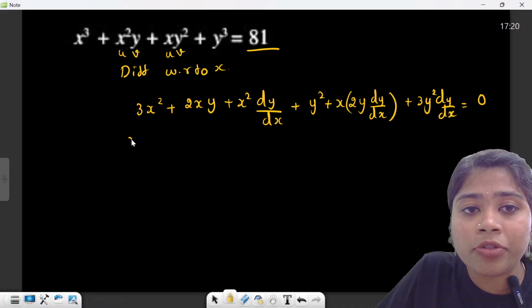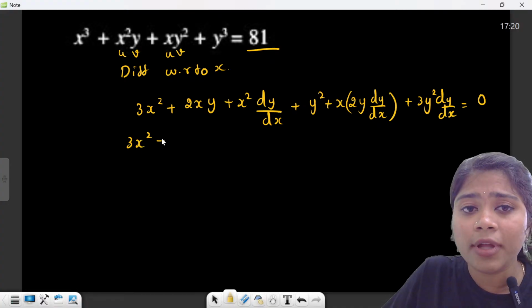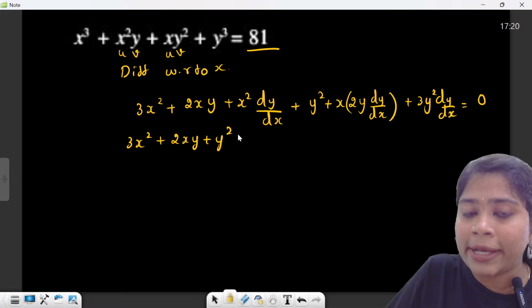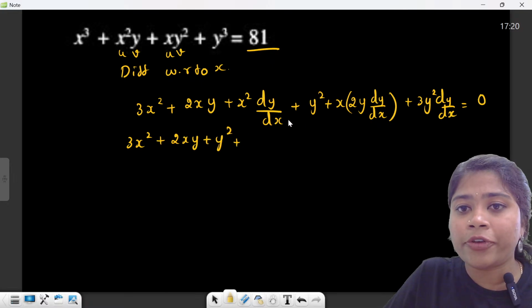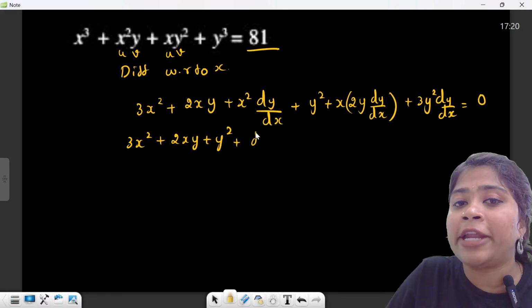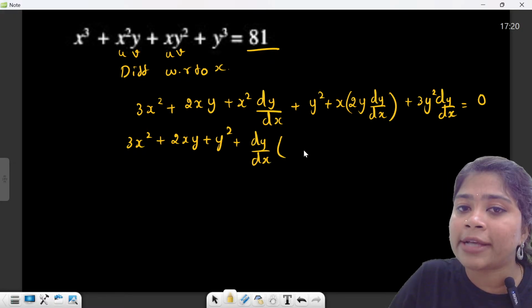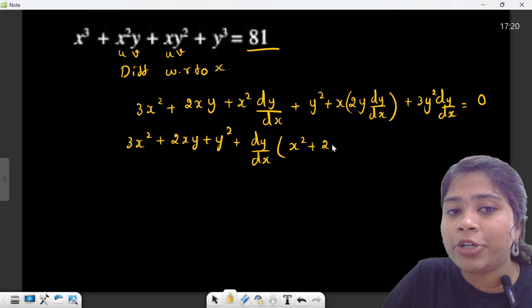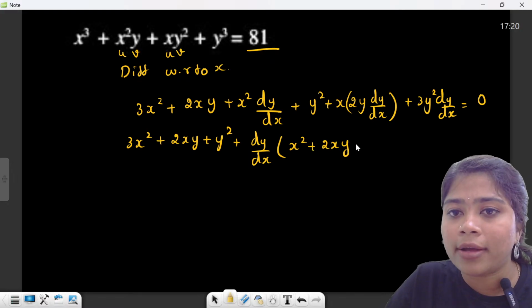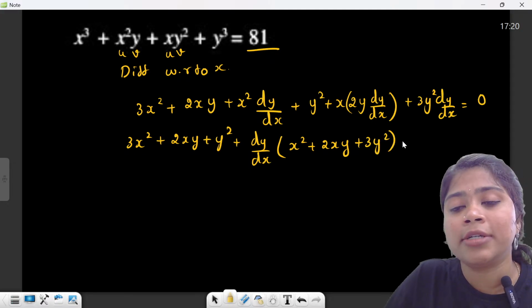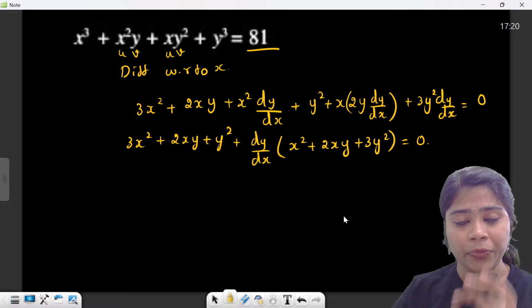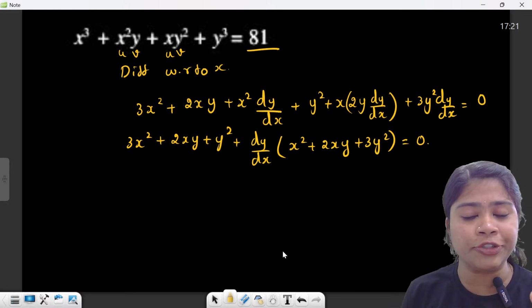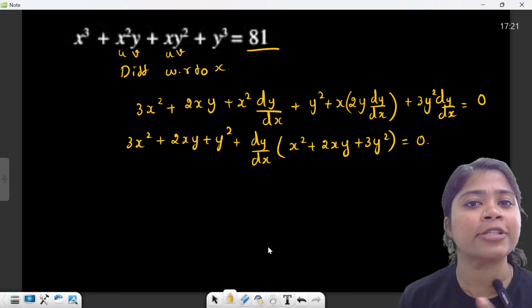That's it. So 3x squared plus 2xy plus y squared plus. Here I am going to take dy by dx common. So if I take dy by dx common: x squared plus 2xy plus 3y squared, this is equal to 0. So I hope you understood. You also solve the question along with me.